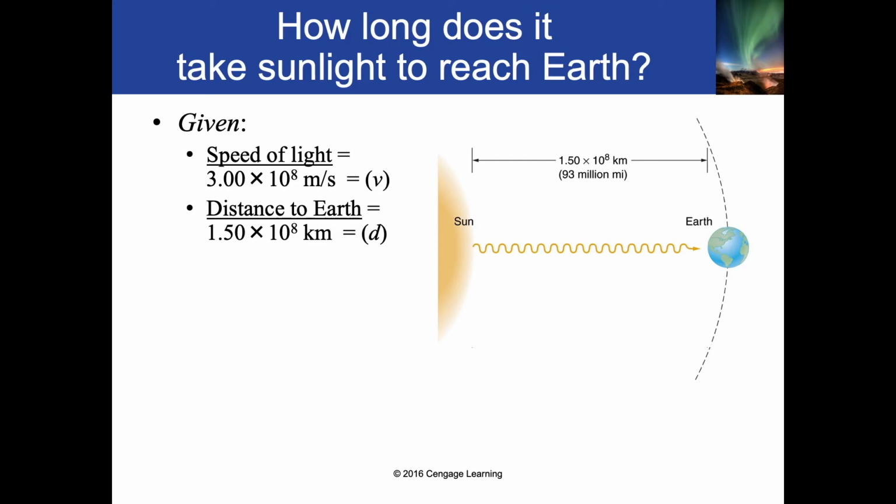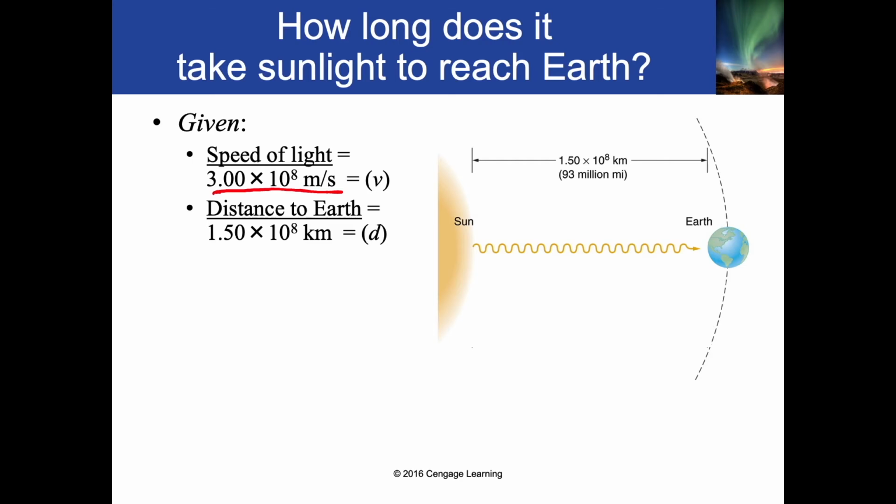Okay, so how long does it take sunlight to reach the Earth? That's the question here, right? This again is another easy problem. It's the same kind of problem as the last problem. Pretend that the speed of light is like the car's speed. So the speed of light here is 3 times 10 to the 8th meters per second.